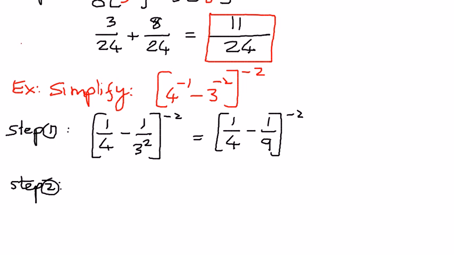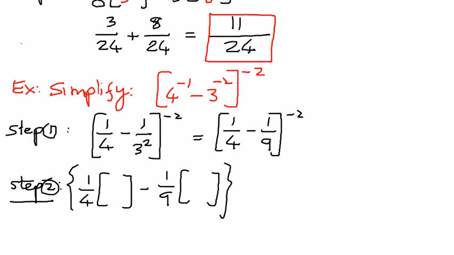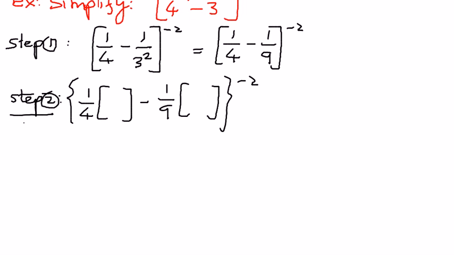In the second step we want to find a common denominator between 4 and 9. The only way we can find that is by multiplying and dividing the first fraction by a number, multiplying and dividing the second fraction by a number, and all of this is raised to the power of negative 2.